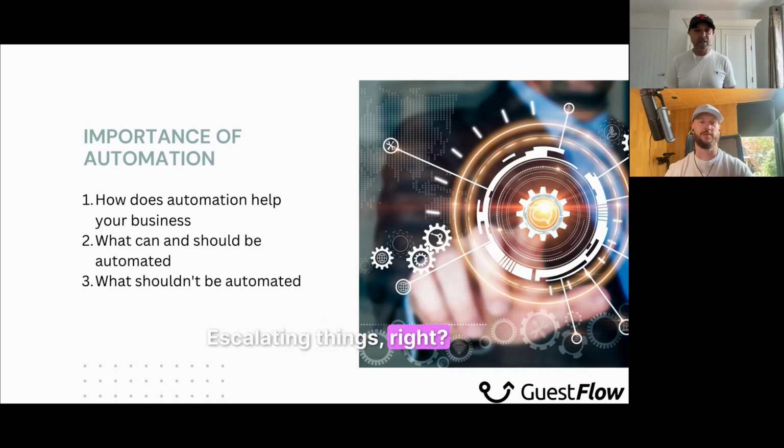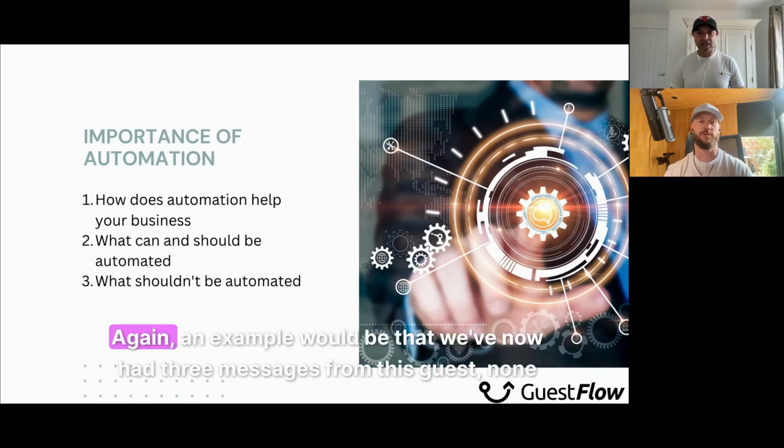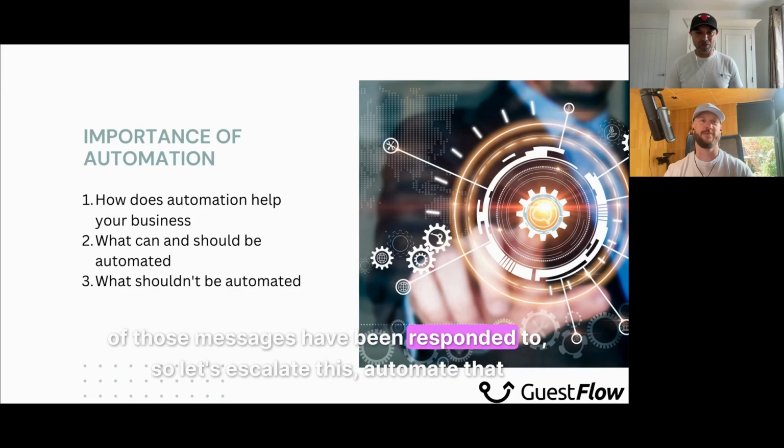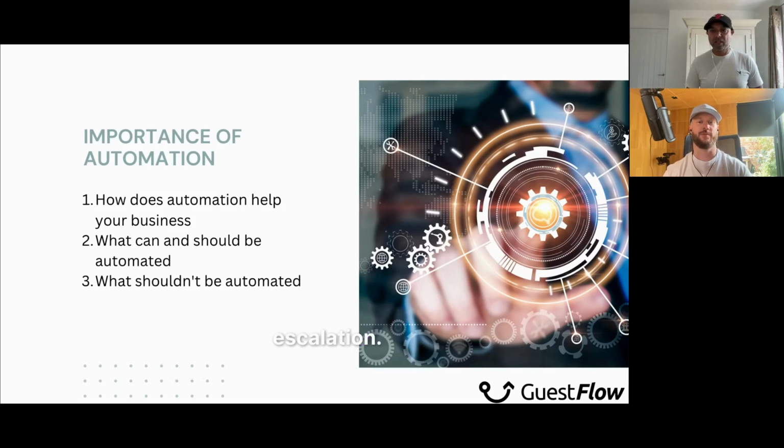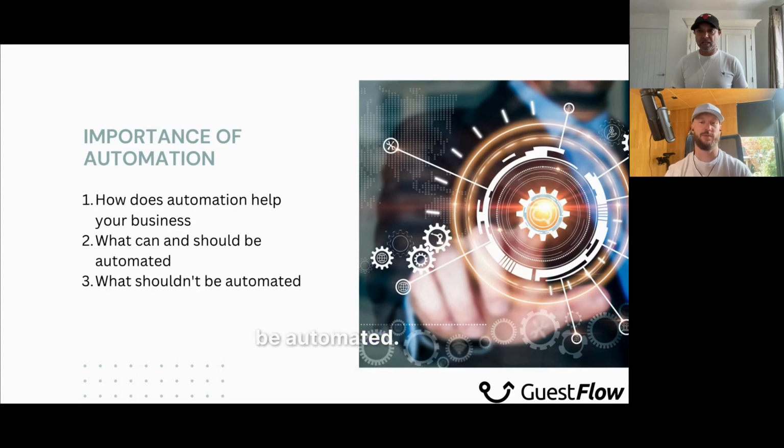Escalating things, right? You can automate things that need to be escalated. An example would be that we've now had 3 messages from this guest. None of those messages have been responded to. So let's escalate this, automate that escalation. Reporting, weekly reporting, monthly reporting. These are all things that can be automated. Integrating, sending information.